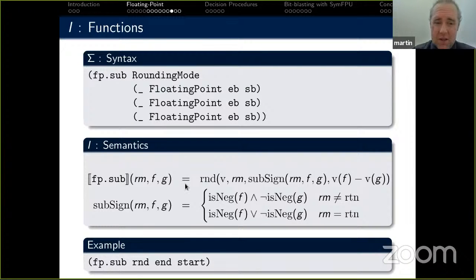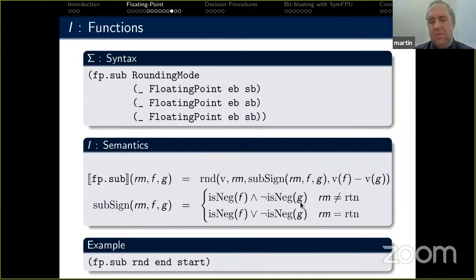Then the semantics: what's the interpretation of fp subtract? Well, you take f and g, you use V, you find their values, which are extended reals, you subtract those, and then this lot is basically picking one or other of the adjoints and applying it.